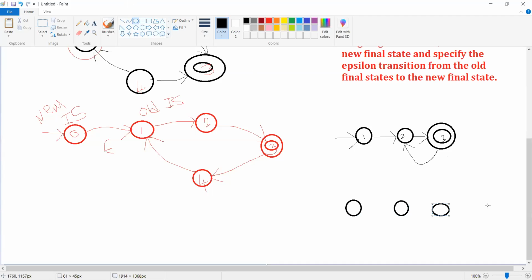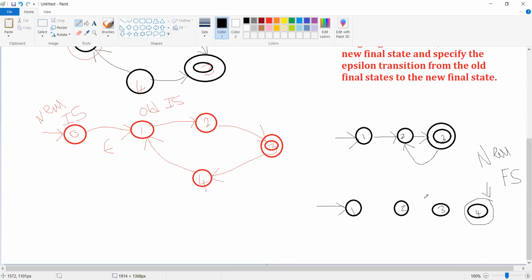Now we get 4 states: this is our initial state 1, then 2, 3, and 4. The new state which we have introduced becomes the new final state.